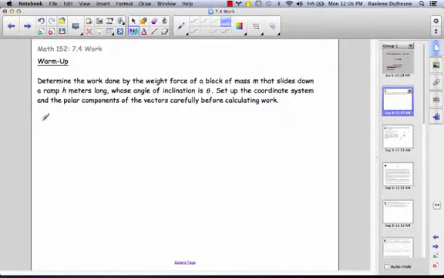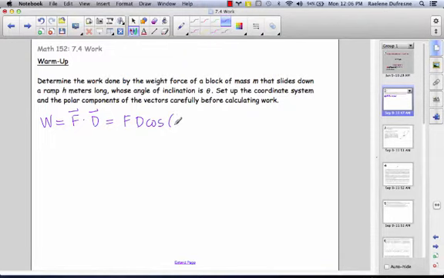Well, we know that work for a constant force and a constant displacement is calculated as the dot product of force with displacement. The polar form of this is F D cosine theta, where we refer to theta as the angle between the vectors.